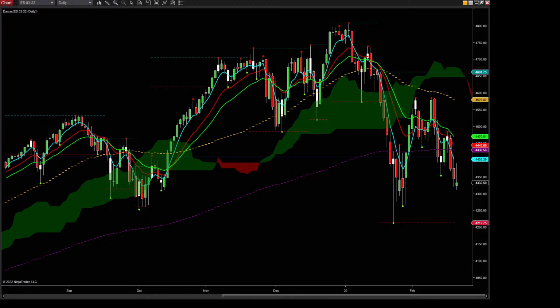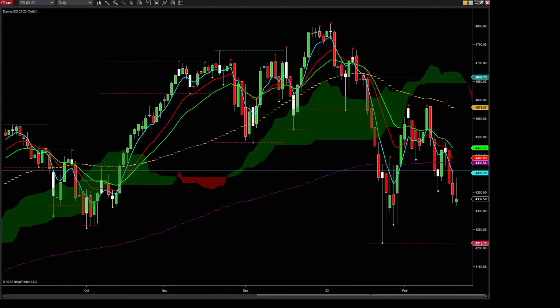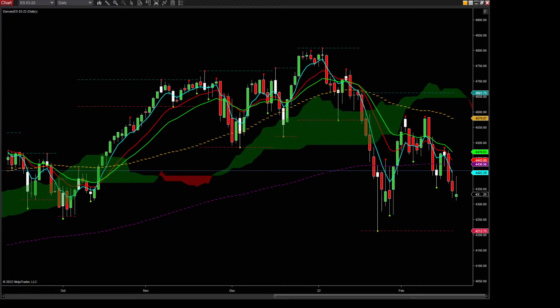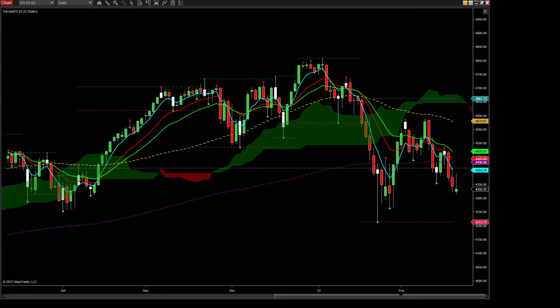In ES, the daily chart says that this thing is moving below, so it's going down. So you see EMAs are stuck to the downside, and then it crossed a couple of days ago, crossed the 200.